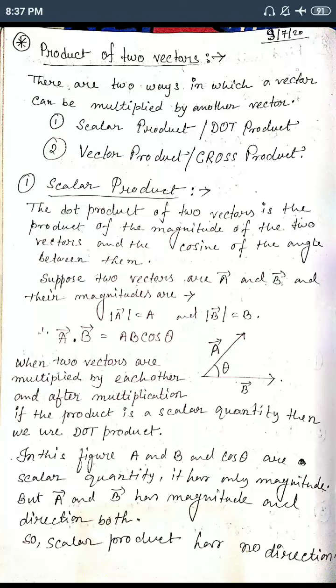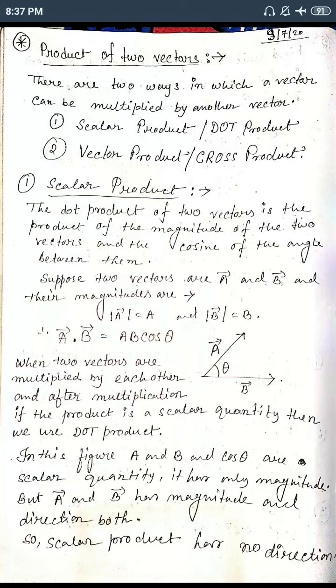And if the product of two vectors gives us a vector quantity, then that type is called the vector product or cross product.